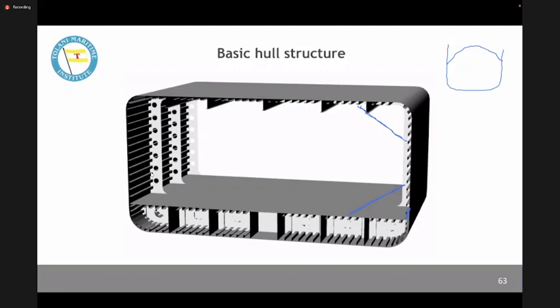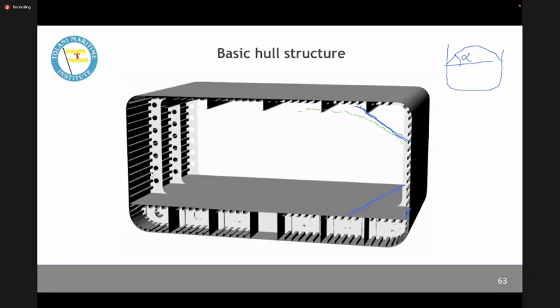Now when the cargo has formed a heap, there is an angle, isn't it? Suppose I call it alpha. This angle is called the angle of repose of the type of cargo. So when we make a bulk carrier, we know what types of cargo we are going to carry, and based on that, the slope is made so that when we take cargo, the slope of the cargo is somewhat like this.